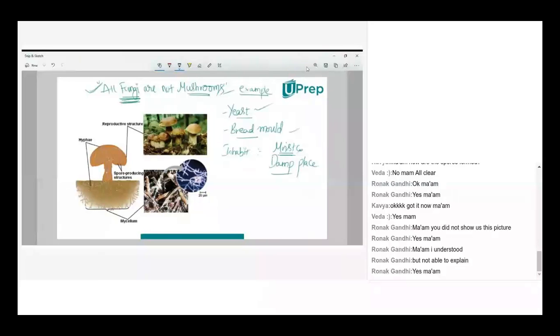Remember the basic concept. Algae is a microorganism. Likewise, fungi is a microorganism. Damp places are very shady. Most of the sunlight is not available, and most of the time it will be very watery and muddy. That place we call damp, isn't it? So moist and damp place is the habitat of fungi.